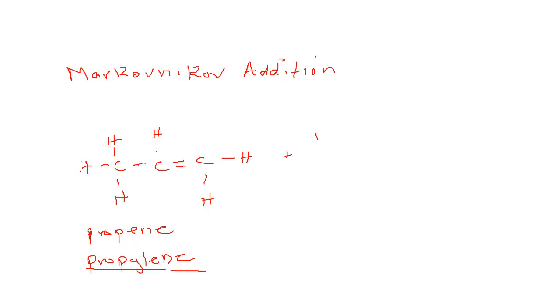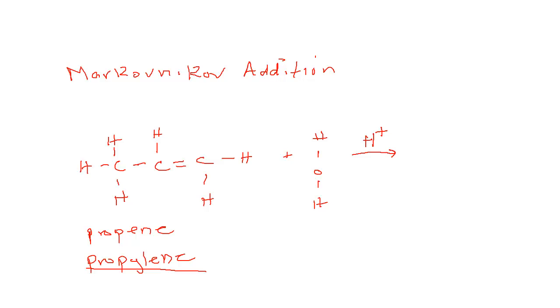All right, so we're going to add water to this again. And I can write it this way, just like we did before. And in order for this to react, what do we have to have? We have to have a strong acid. And so that's going to act as a catalyst to cause this reaction to occur. All right, so tell me what the products are going to be.